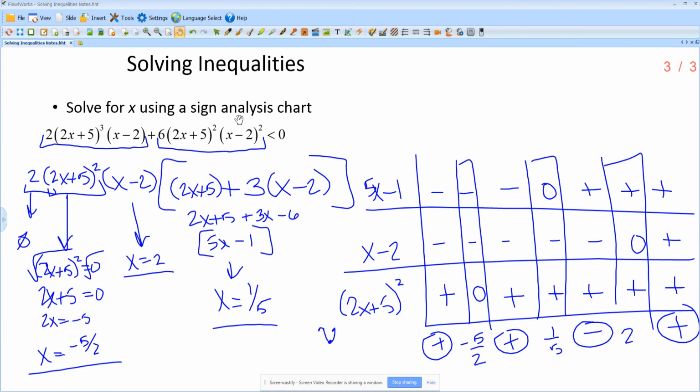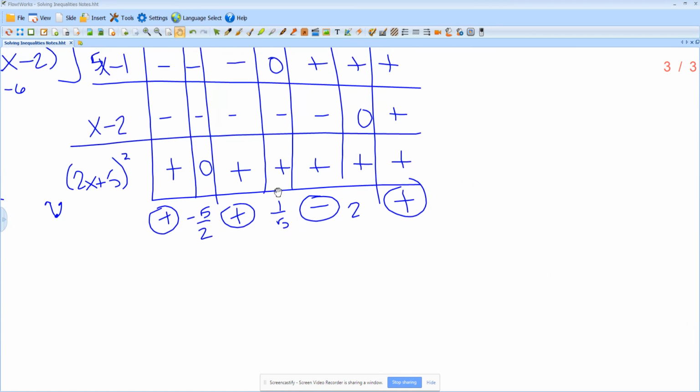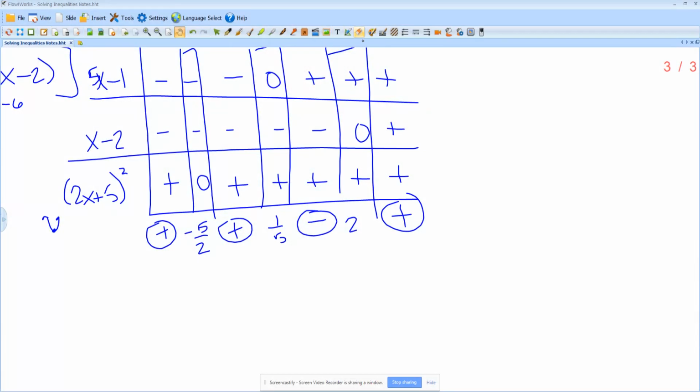I'm looking for in this problem negatives, not including 0. So negatives not including 0 is only going to happen here from 1/5 to 2. No other intervals in which this would be negative.